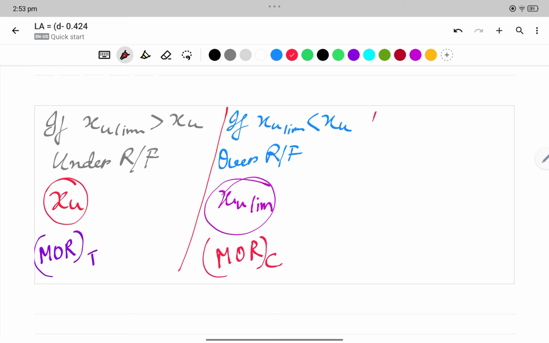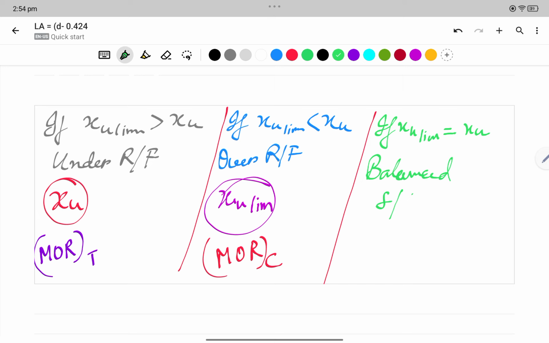And if XU limiting is equal to XU, then it is a balanced section.